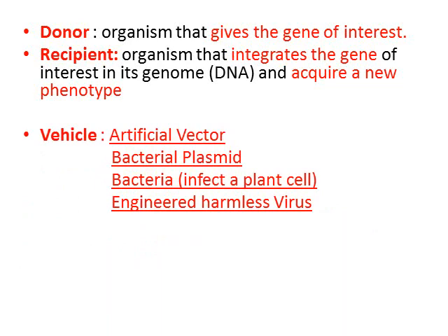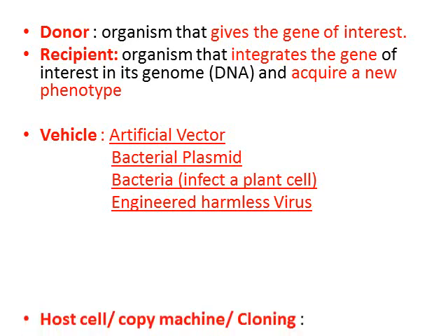In transgenesis, we talk about vehicles or ways of transporting the gene of interest from the donor to the recipient. We can use artificial vectors. We can use bacterial plasmid. Plasmid is a circular DNA naturally found in bacteria. We can use bacteria itself, for example, when we use agrobacteria to infect a plant cell, and we can use an engineered harmless virus.